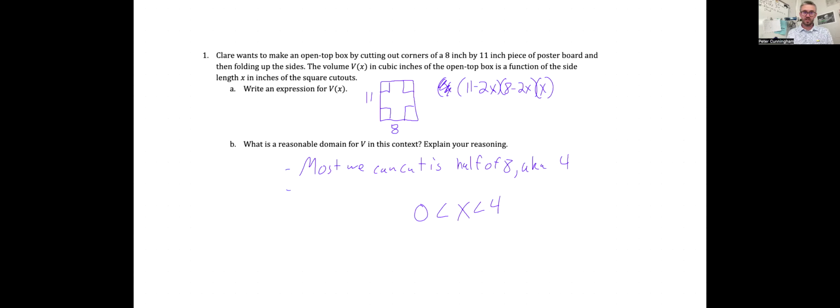And the smallest cut has to be more than nothing, right? So that's in mathematical terms, 0 is less than x is less than 4. What that means is we have to actually cut a corner to make a box, but that corner can't be so big that none of the paper exists anymore to do another cut out of the other side.